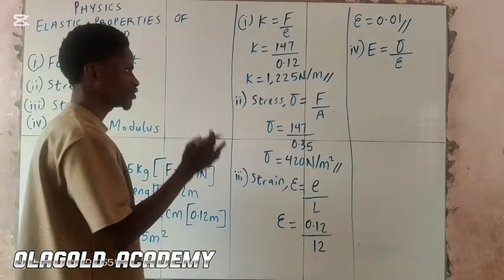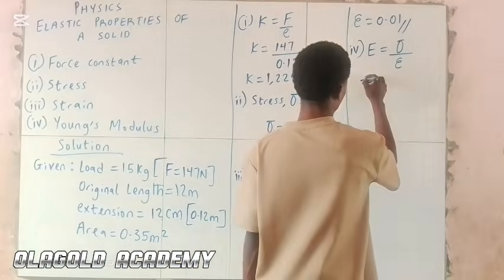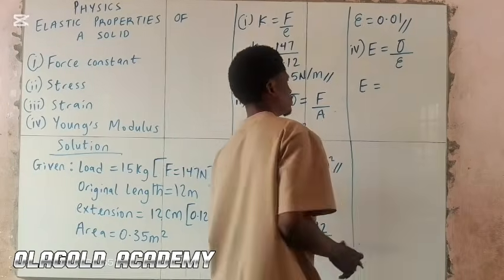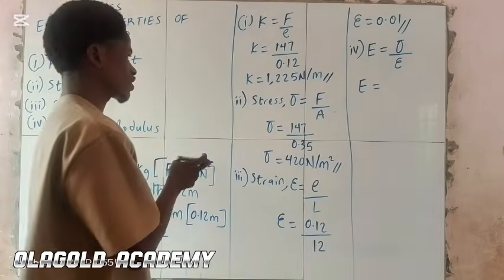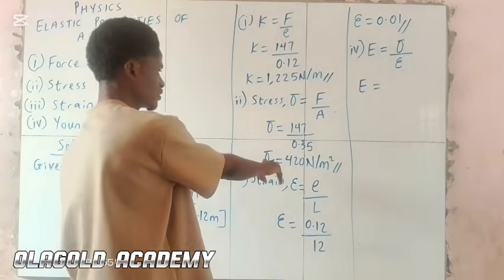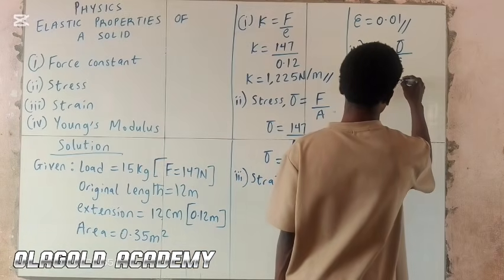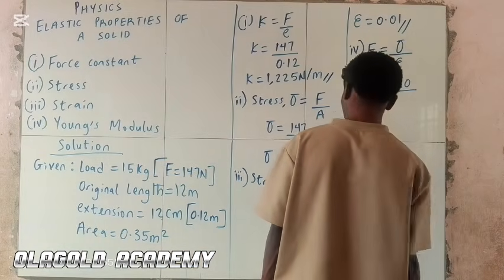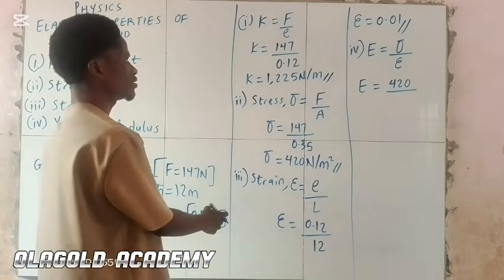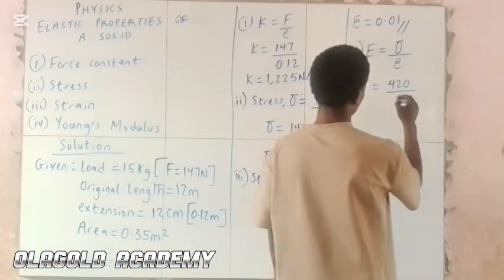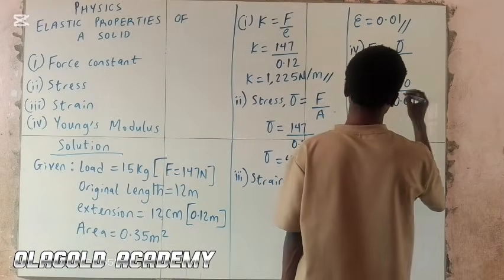So Young's modulus equals sigma, which is stress, given as 420 Newton per meter squared, over strain, which is given as 0.01. We divide by 0.01.